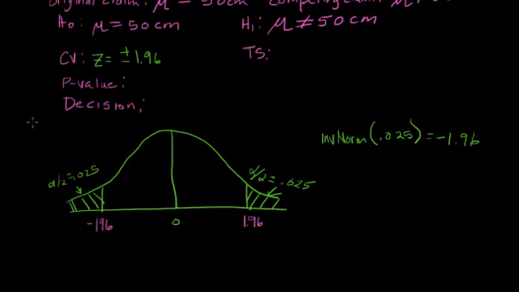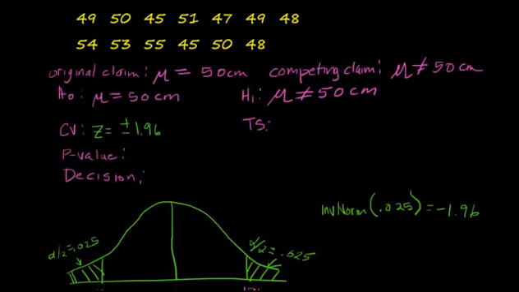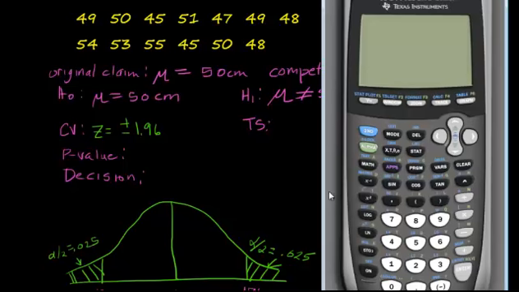Okay, now we need to run our Z test. We had raw data again, so we'll enter this data in the calculator in a list. Stat, edit, that's where we enter data in a list.